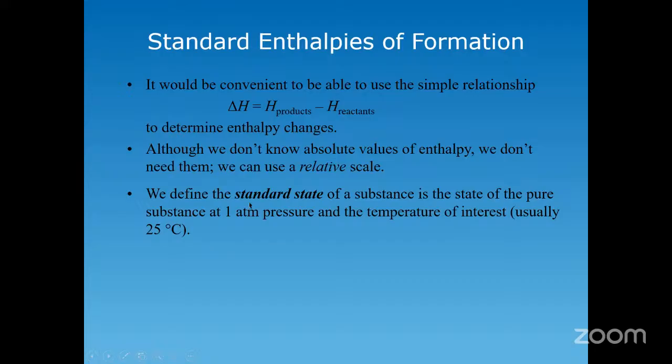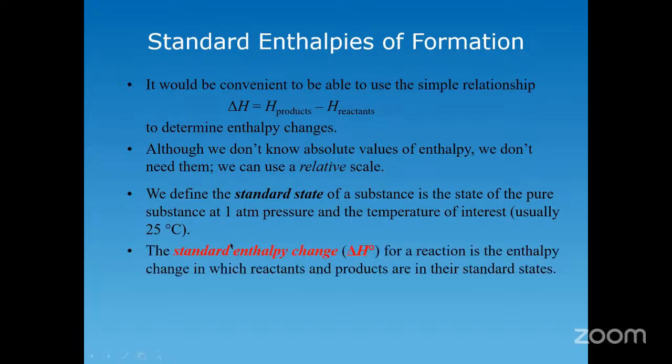Now, please do not confuse these standards with STP that we discussed in chapter 5, which deals with gases. That's different. In terms of all reactions, in terms of enthalpy changes, the standard conditions would be that the pressure would be 1 atmosphere for gases, and the temperature would be 25 degrees Celsius, which is the same thing as 298 Kelvin, right?